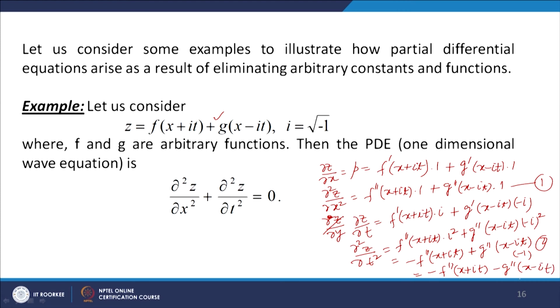So, when we add the equation 1 and 2, the right hand side becomes 0. This will cancel with this, and we will get z x x plus z t t equal to 0. So, this is a second order partial differential equation we get.